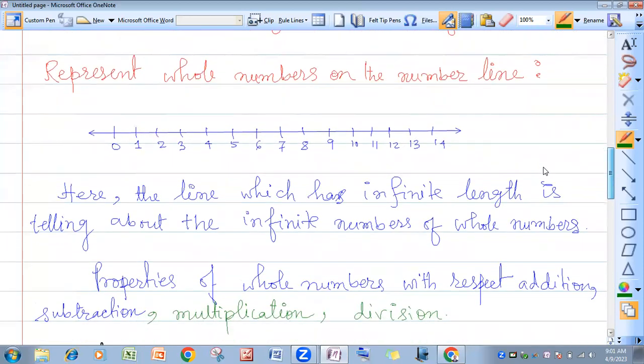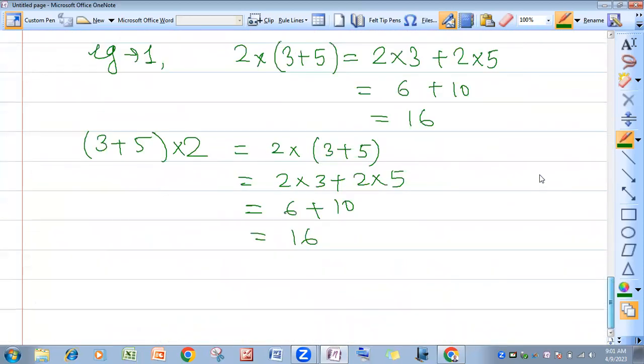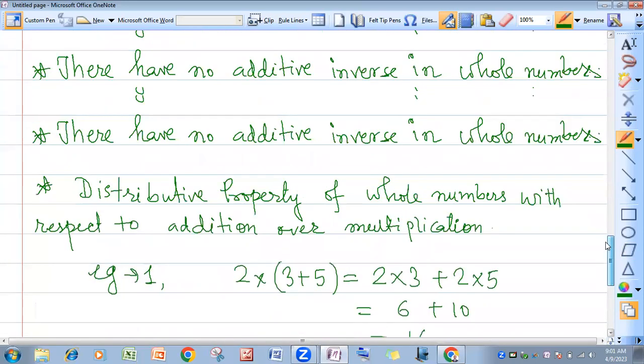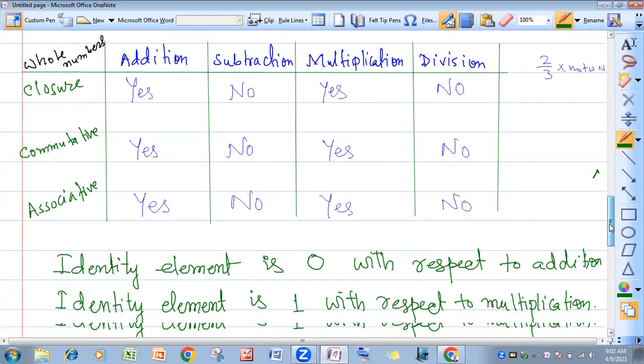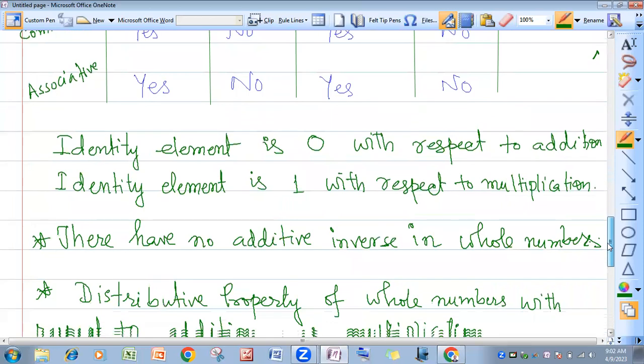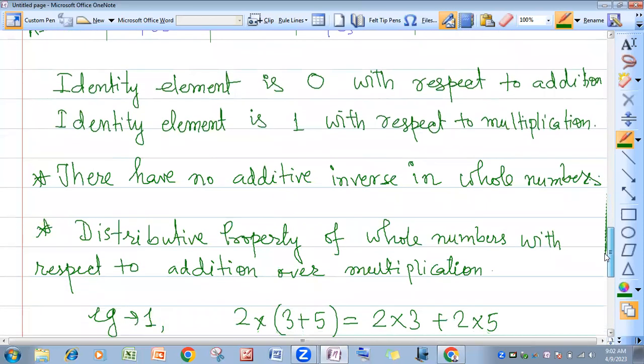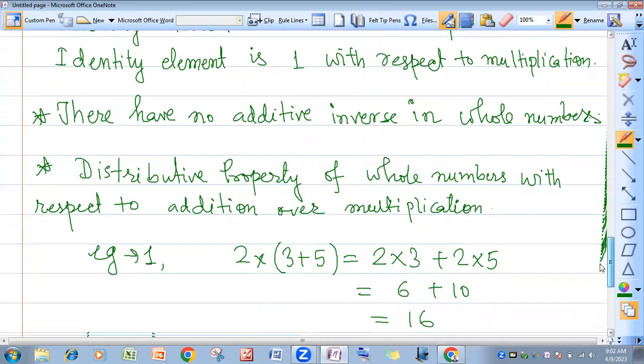Infinite. How to represent whole numbers on the number line, and the properties which we are very familiar with: closure property, commutative property, associativity. We have seen the identity element with respect to addition and multiplication, and that there is no inverse element, then the distributive property. This we have seen.